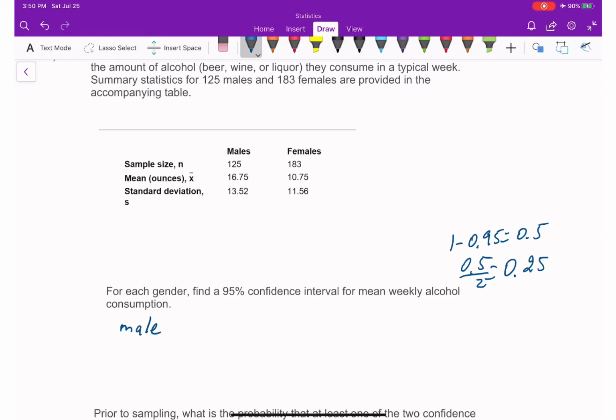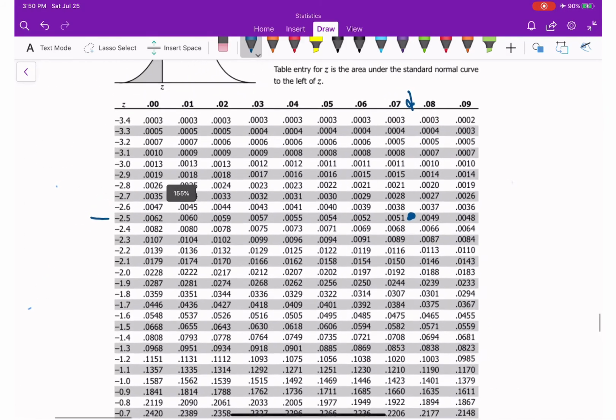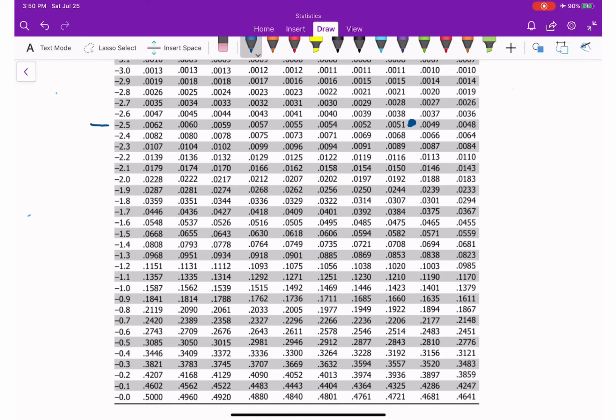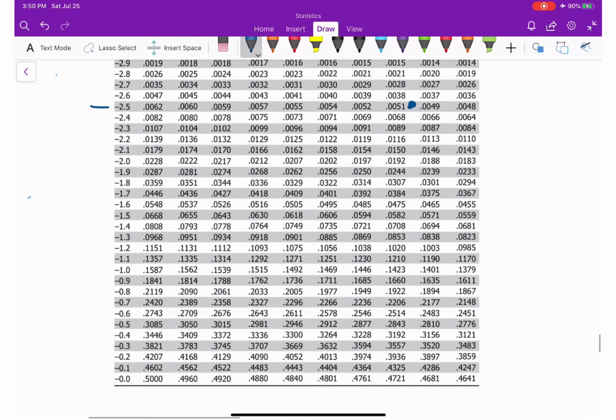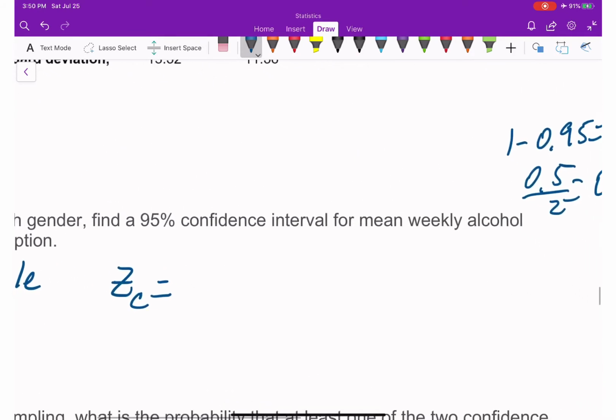Let's go find out Z critical. Hold on, I think I did something wrong here.